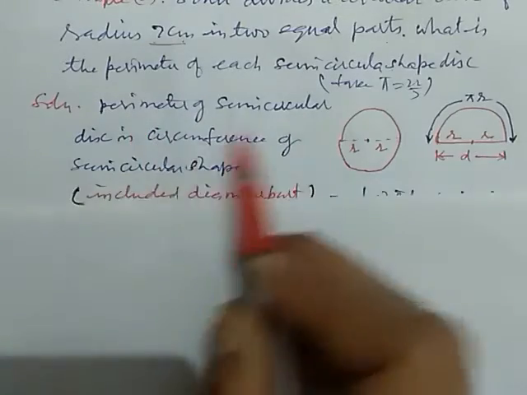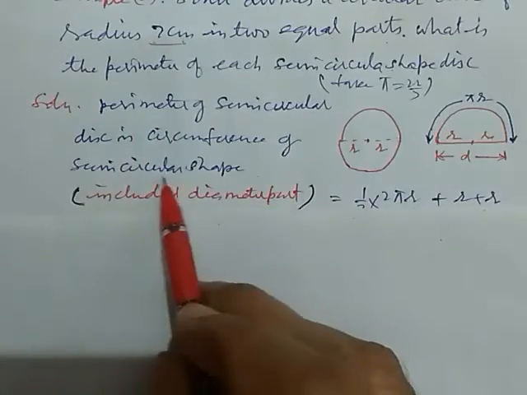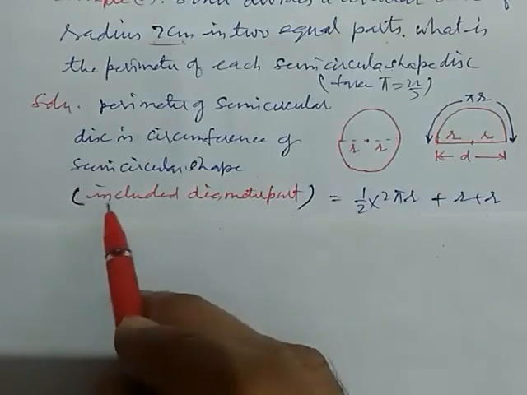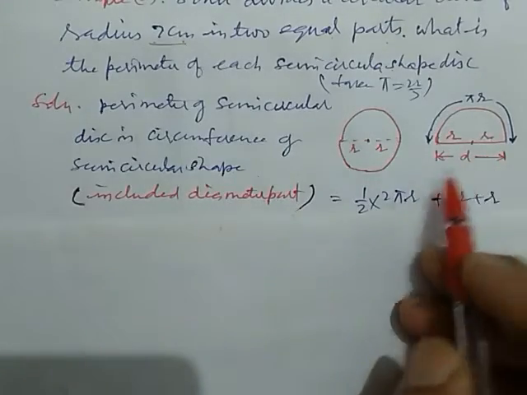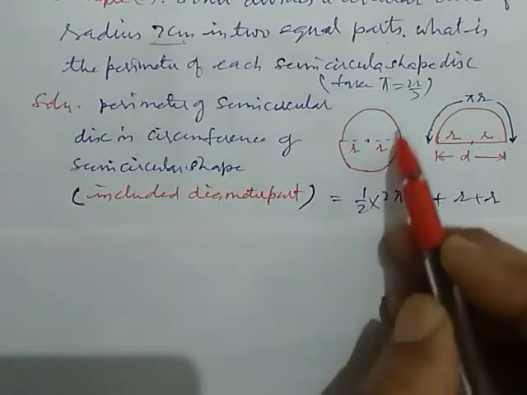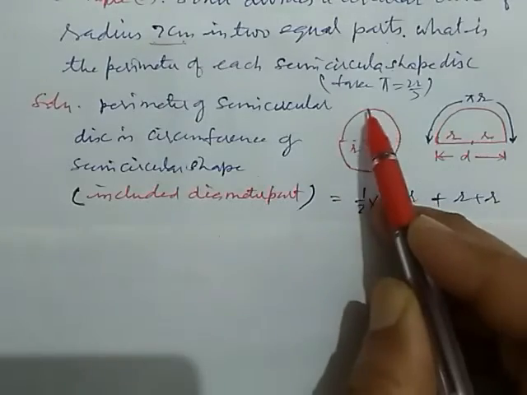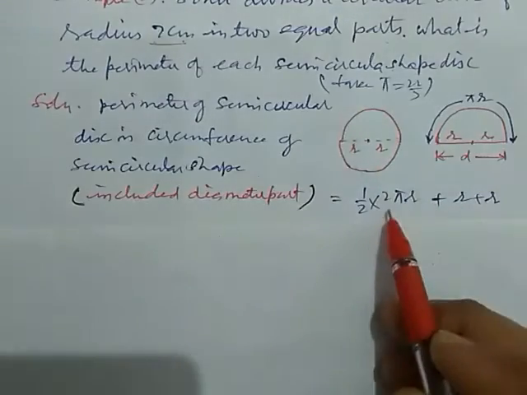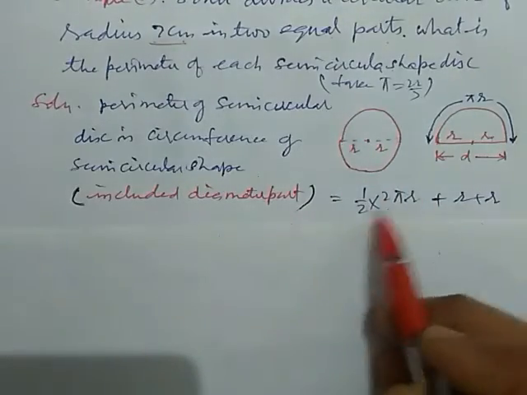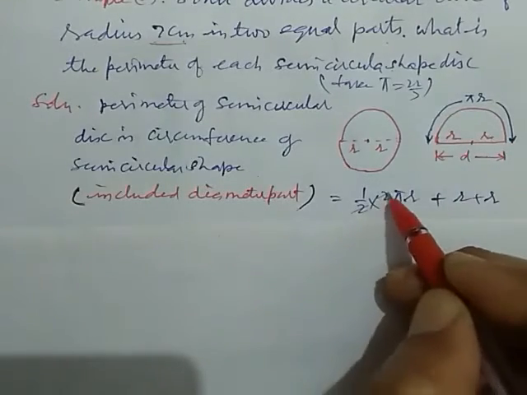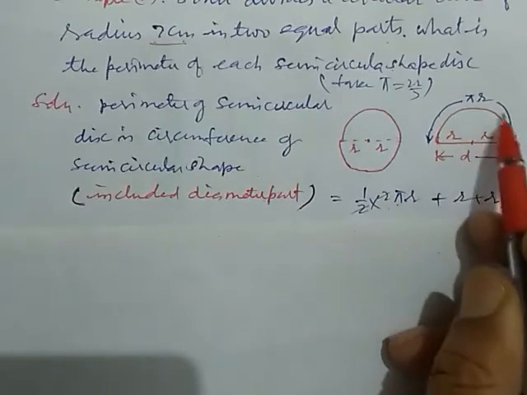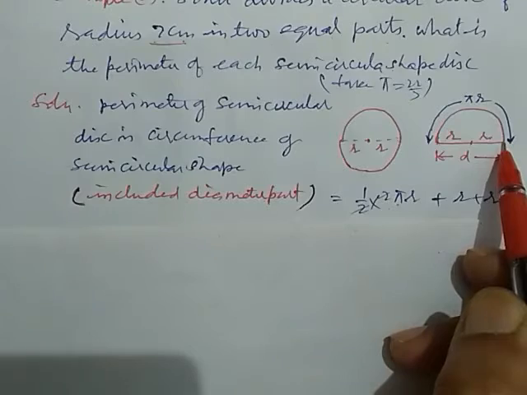Remember this. When we calculate the circumference of a semicircular part, we add this part also. The perimeter of a semicircular disc is the circumference of the semicircular shape including this diameter part. First, we know that the circumference of the circle is 2 pi r, and half of 2 pi r is pi r. This 2 cancels, and pi r is half of the circumference.